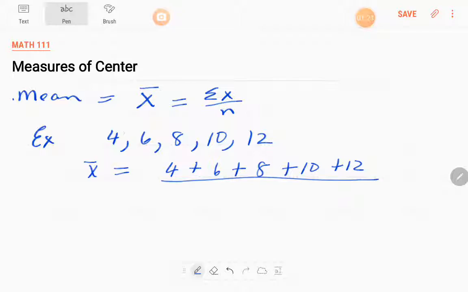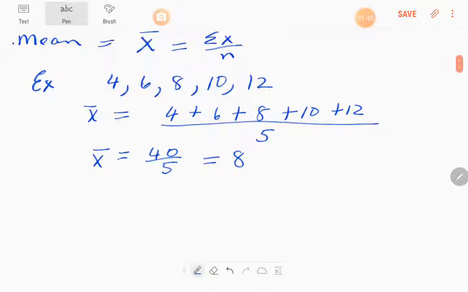So we have 1, 2, 3, 4, 5 entries, so divided by 5. Now, if we add this together, this should equal 40. So x bar should equal 40 divided by 5. So our mean would be 8. Okay?